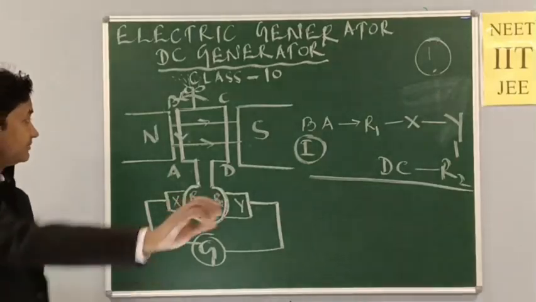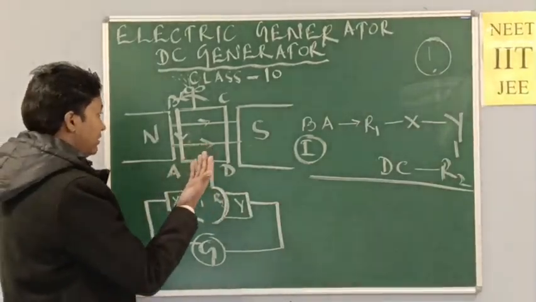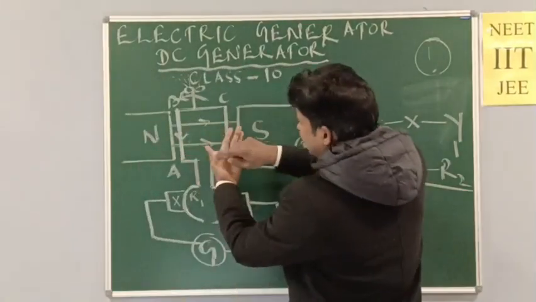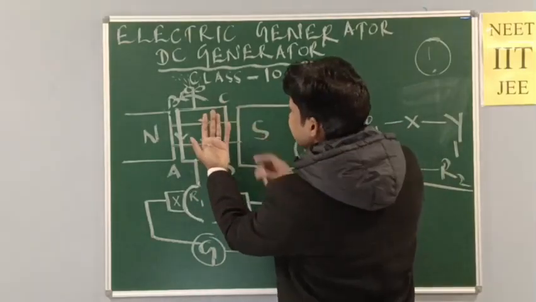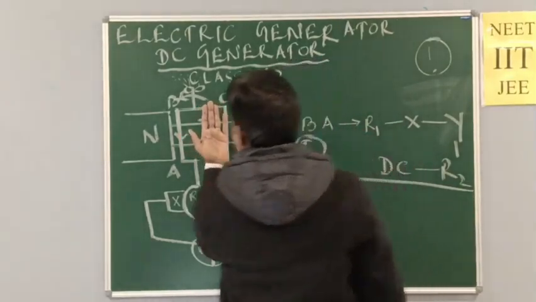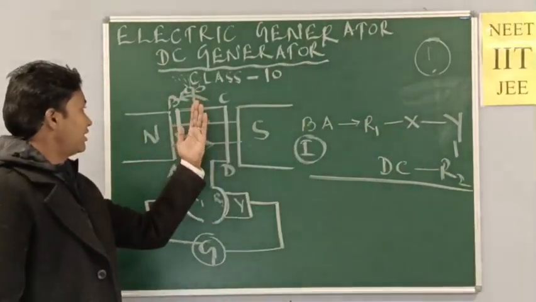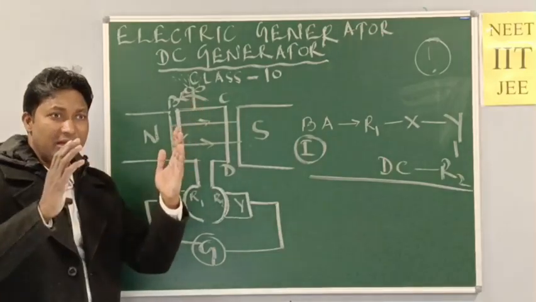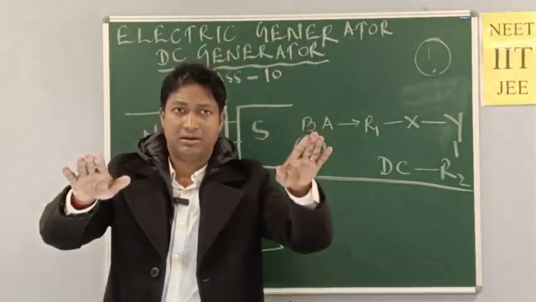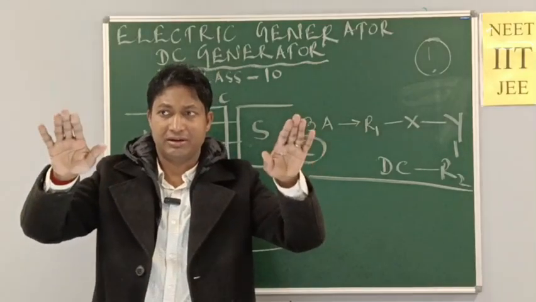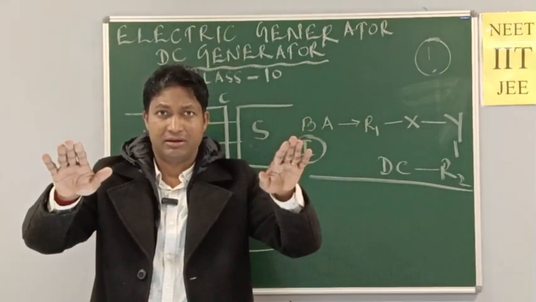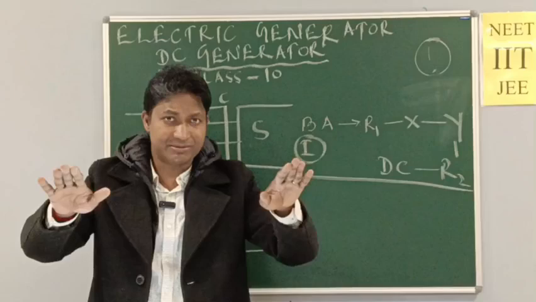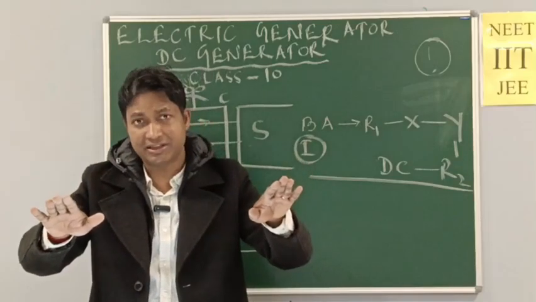Next, this is AB, this is CD, anti-clockwise rotation. Then rotate like this. Means AB comes in the place of CD, and CD comes in the place of AB.